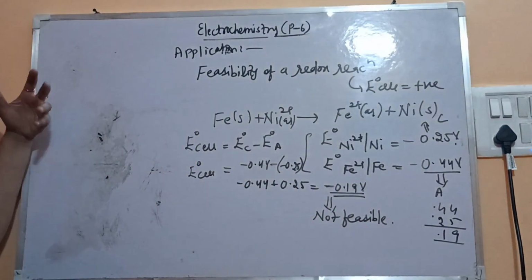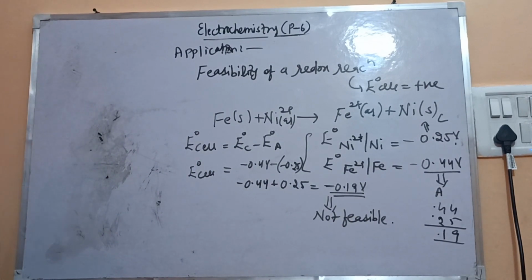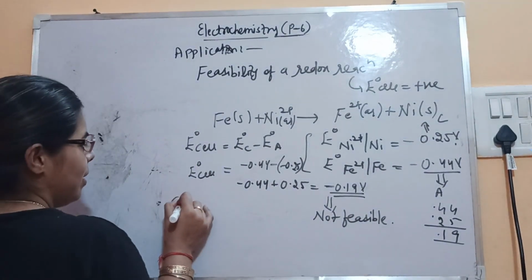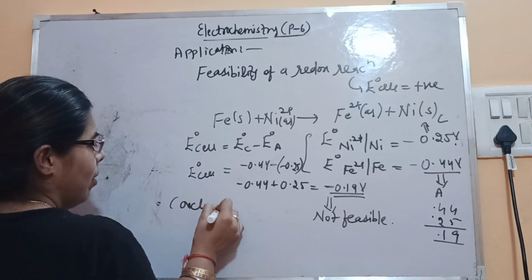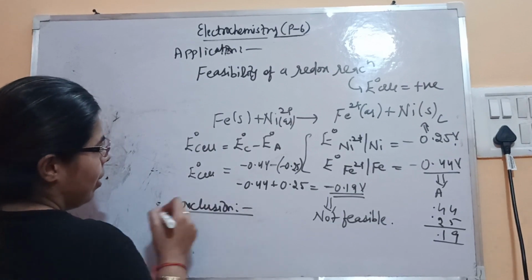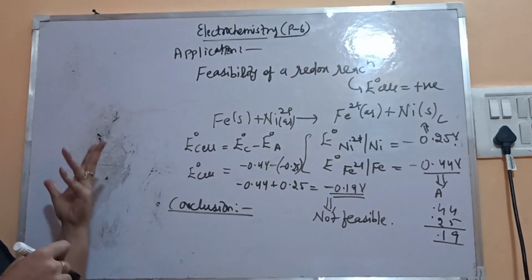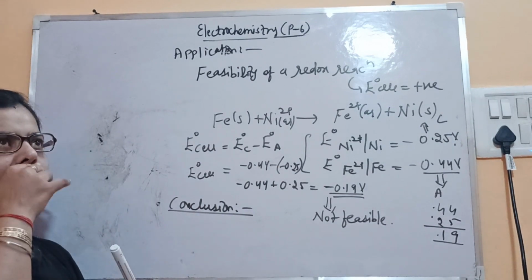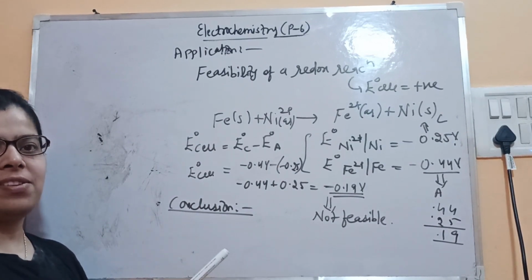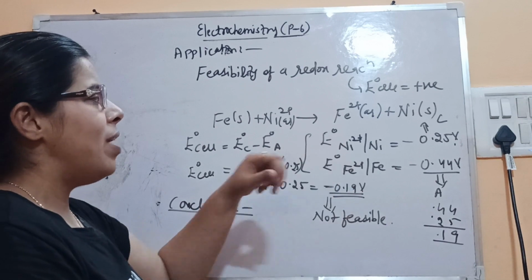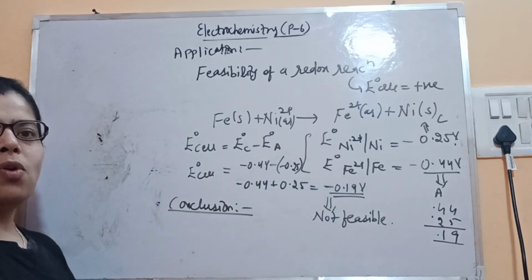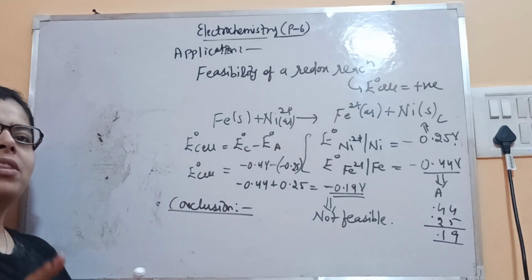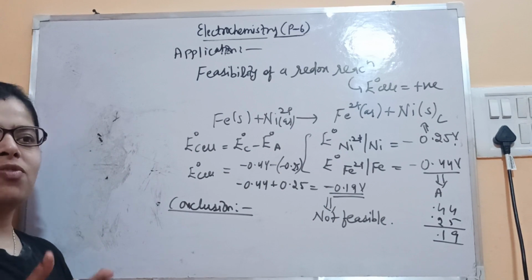Okay. Now if it is not feasible, what can we conclude from this? What's the conclusion here? Conclusion is that this is a displacement reaction only. Okay, you know that only a more reactive metal can displace a less reactive metal. So from the E naught reduction value, we can come to know which one is more reactive metal. How? With the help of its E naught reduction. Reduction value means what?